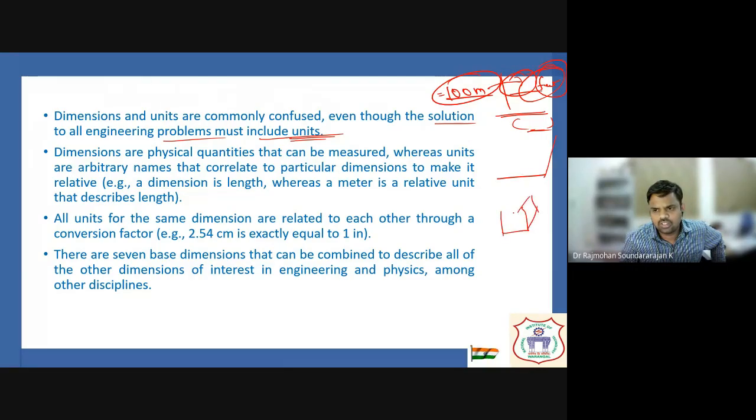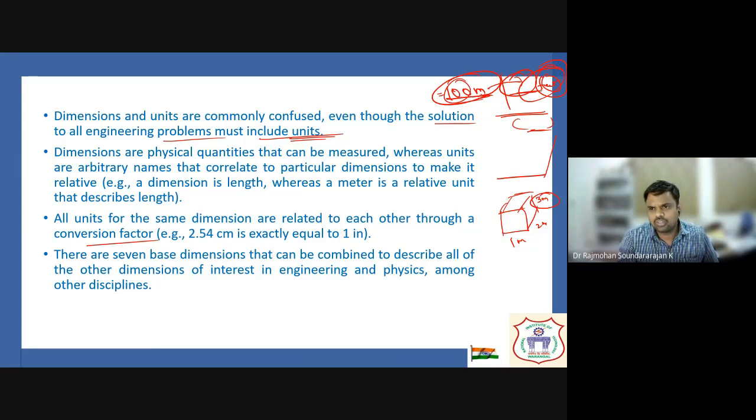These are all dimensions. What is the breadth? 1 meter, 2 meters, 3 meters. Those are units. So dimension is different, unit is different; we should not get confused. All units for the same dimension are related to each other through a conversion factor. As I said, these are 2 units for length.